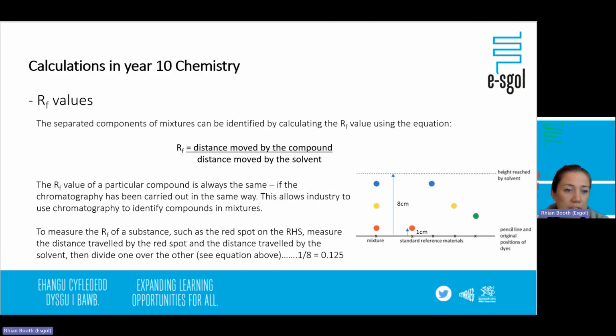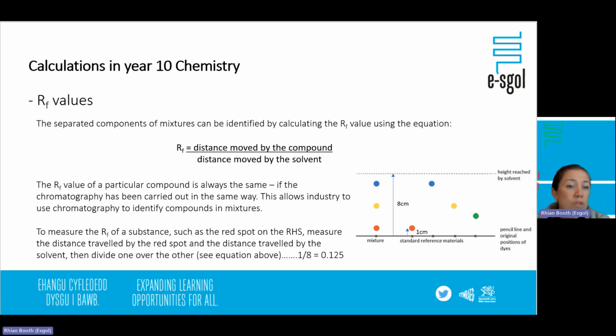The RF value of a particular compound is always the same, but only if the chromatography has been carried out in the same way. You must be consistent. You must, for example, have used the same solvent, because if you change the solvent, you will have different results.